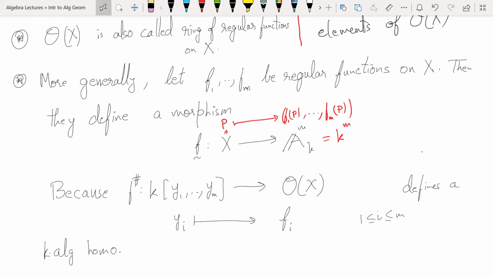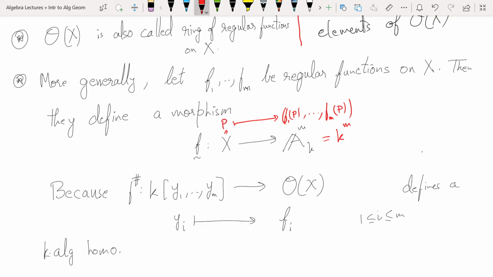So you know how the map goes. Given this ring homomorphism, you want to define the set map. You think of the set X as the set of maximal ideals of O_X, and you pull back the maximal ideal.